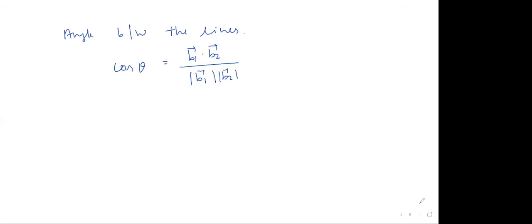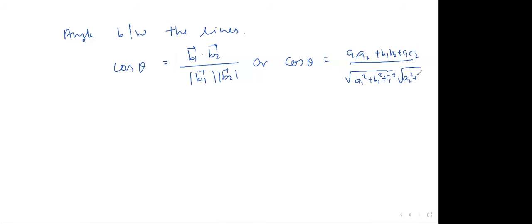In Cartesian form, we take cos theta equals (a1 a2 plus b1 b2 plus c1 c2) over the square root of (a1 square plus b1 square plus c1 square) times the square root of (a2 square plus b2 square plus c2 square).